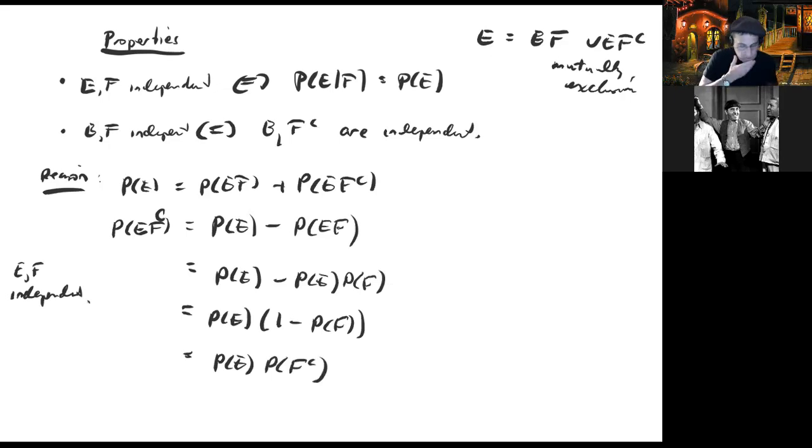The same argument can be given in reverse, because if E and F complement are independent, you can show that E and F are independent. Just run the same argument by replacing the roles of F with F complement. So it works in both directions. Okay, so that's the second basic fact.